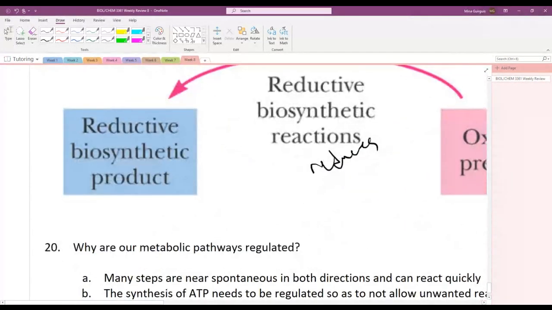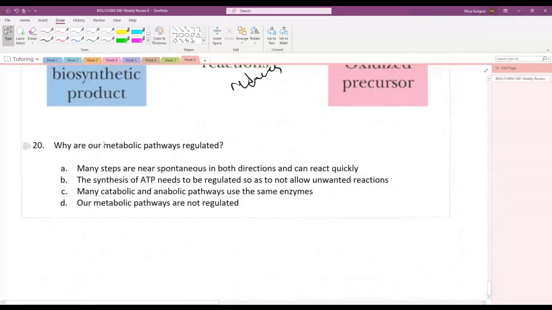And actually, the final question that I came up with for today, just because I didn't want to keep you guys too long working ahead, is why are our metabolic pathways regulated? Okay. So I want to talk about catabolism and anabolism with respect to the rest of this course. So the next things you guys are going to be covering are glycolysis and gluconeogenesis.